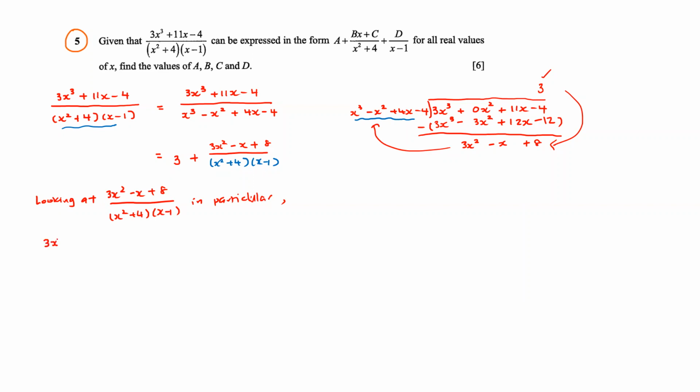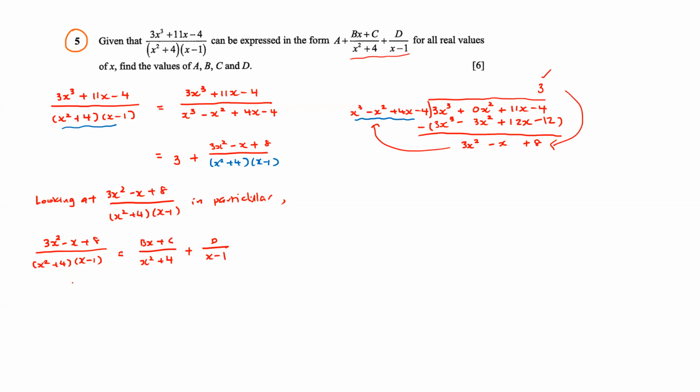It can be further broken down. What do I break it down into? Well, I have bx plus c over x squared plus 4. So I'll just copy down what the question asks of me. Plus d out of x minus 1. Okay. Exactly in the form, the denominators also match.